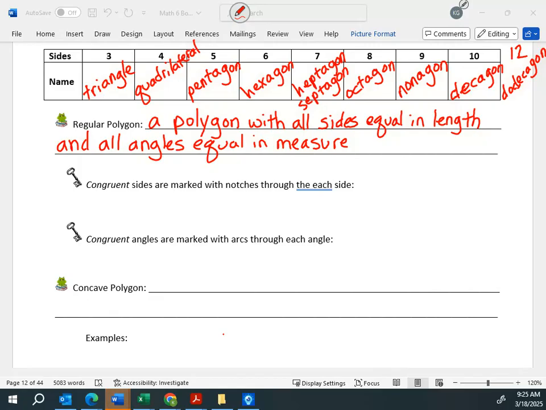Knowing what we know, talking about that with the triangles and the angles, what mathy word do we use if they are the same measure? Lila? Congruent. So basically a regular polygon has congruent sides and angles.